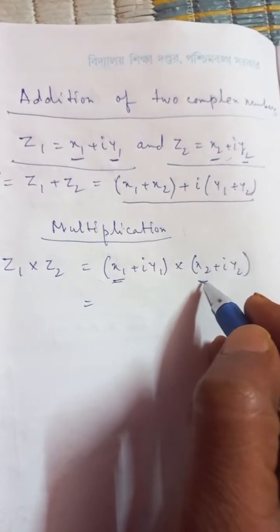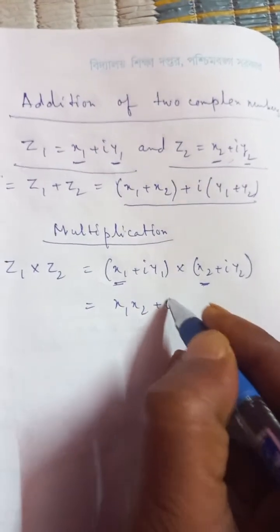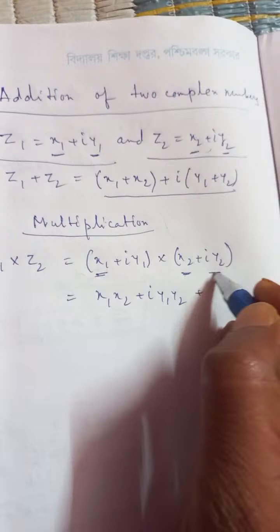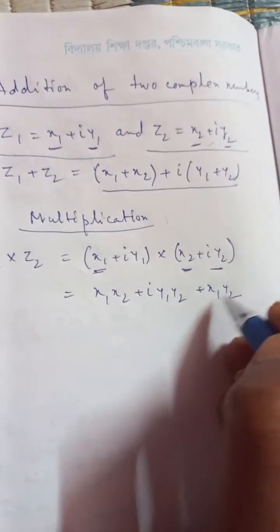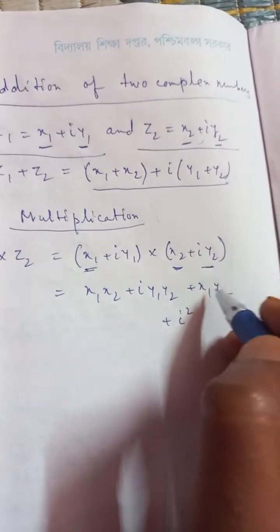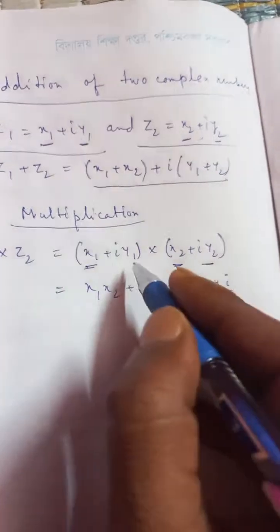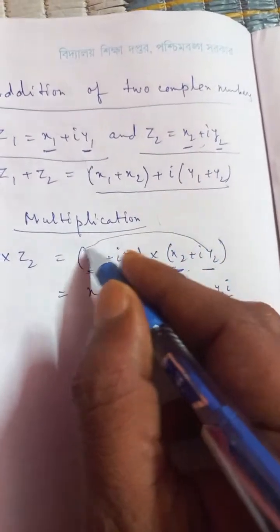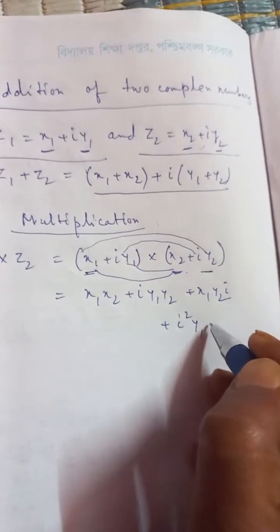So with respect to the real parts, this will be x1 x2, plus iota y1 y2, plus, with respect to the imaginary part, this will be x1 iota y2 (iota remains), and the last term, in this way we multiplied, and in this way we multiplied, will be iota square y1 y2.